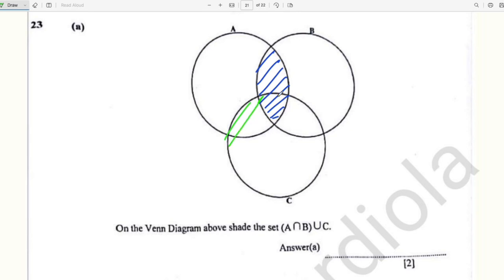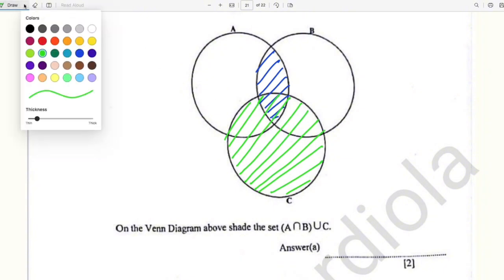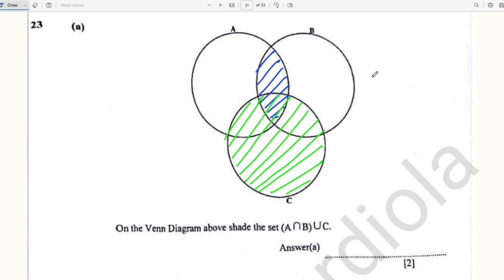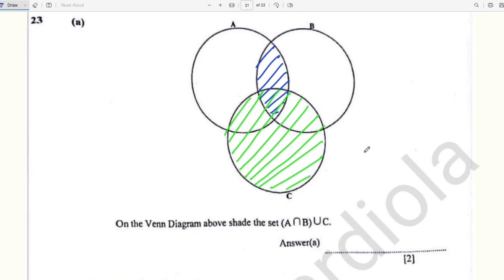So the part of C that's in the A intersection, the other part of C intersecting with A, and the other part intersecting with B, all are to be there. So this whole region shaded with green and blue is the region A intersection B in brackets union C.